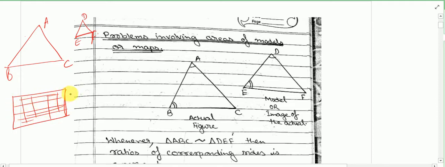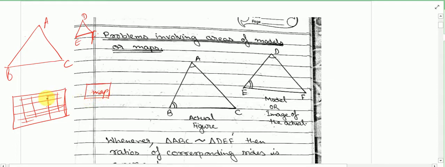Now you draw this on a piece of paper, and it will look like a rectangle, but this wall on the paper will not be exactly of this size. So in that case we say they are similar, and this wall on the paper that you have drawn is a map, you can say, or a model, okay.